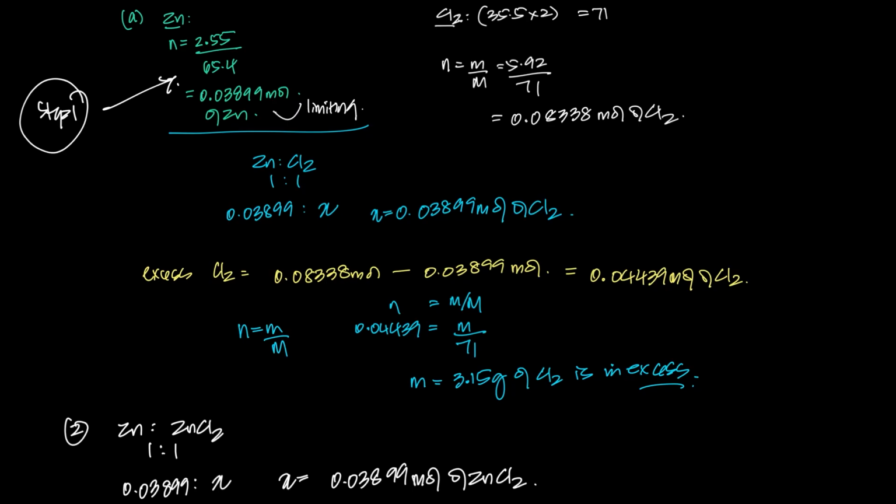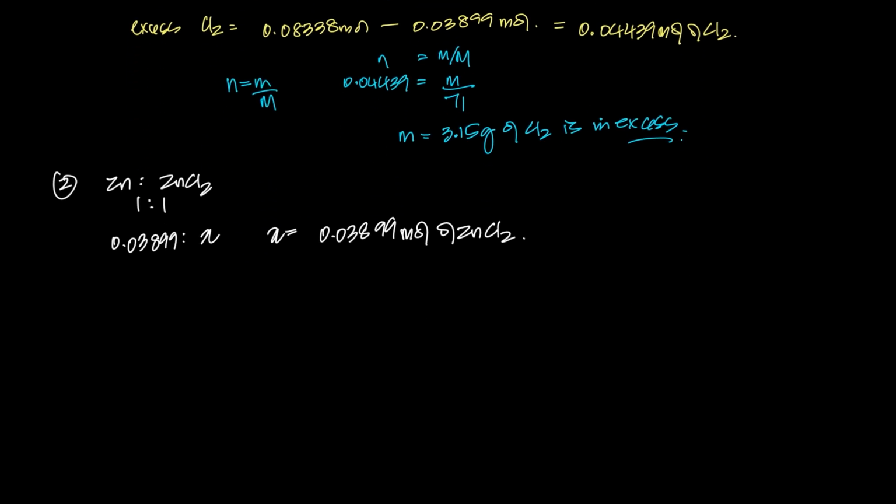Once you have that, then what you need to do is find the mass of this fellow. That's step number 3, for zinc chloride. So first find the formula mass, which is 65.4 plus 71, because that's 2 times 35.5 for the chlorines, which gives you 136.4. Now number of moles is mass over molar mass.